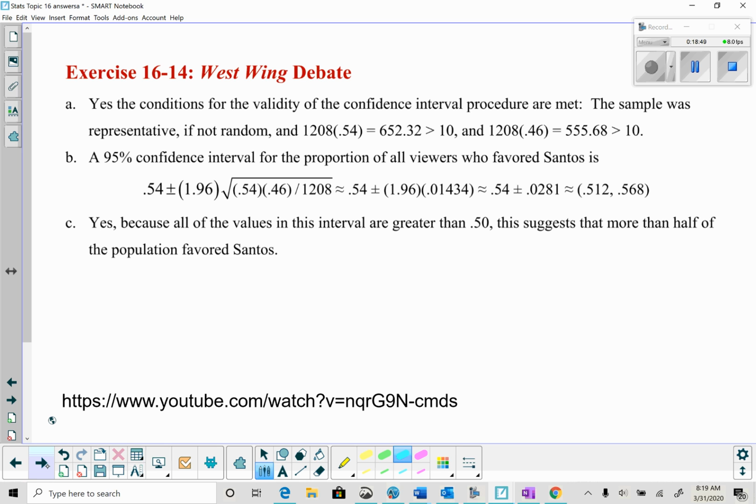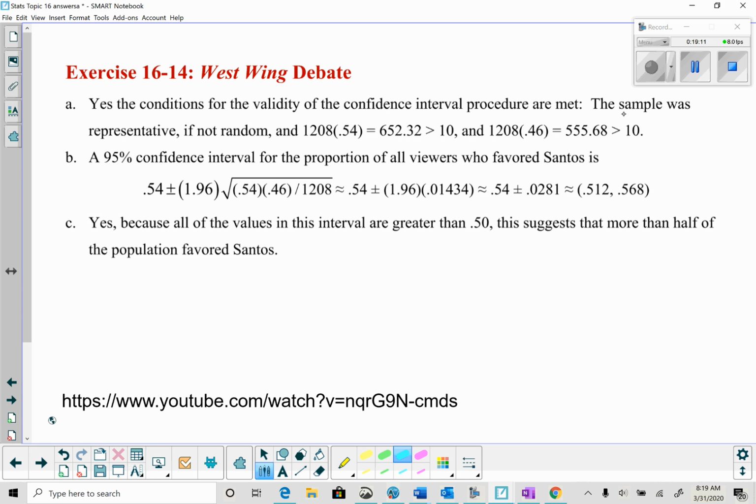So again, the second part of it was whether the sample size was large enough. You've got to crunch the numbers here of sample size times the proportion voting for Jimmy Smits. Yes, much bigger than 10. Sample size multiplied by the proportion for Alan Alda. Yes, also bigger than 10.